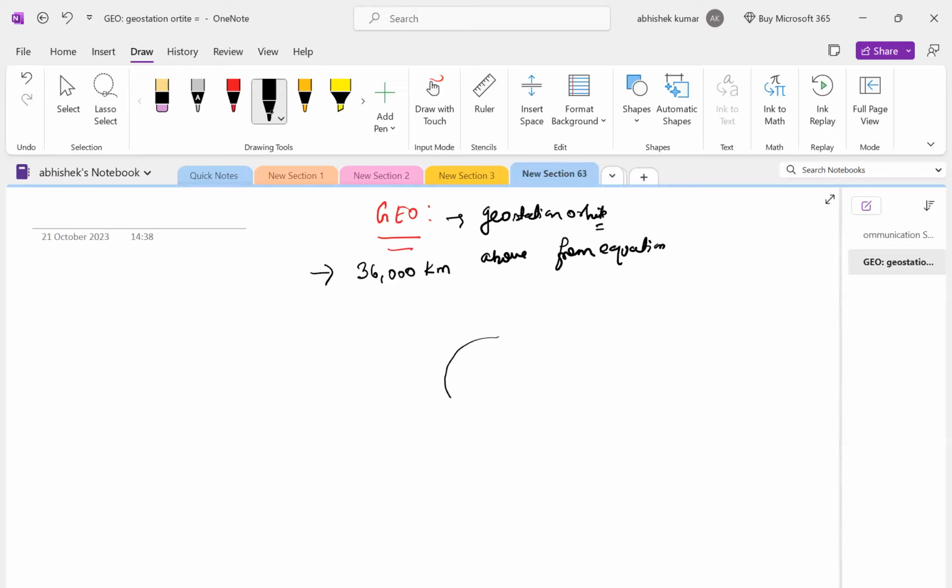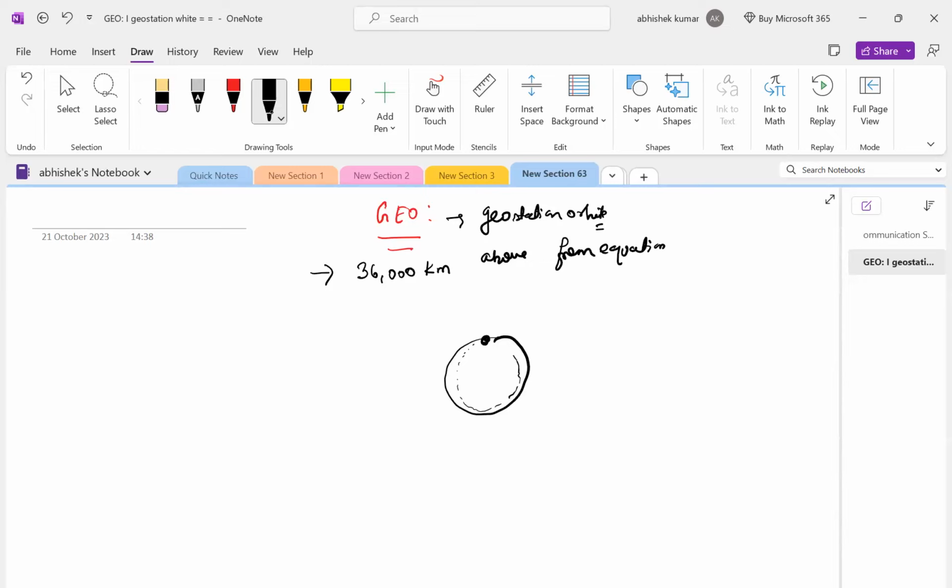Because the Earth is rotating, and this satellite is also rotating with the same speed as the Earth. So the satellite appears to be stationary when we view it from Earth. This is known as geostationary orbit, and satellites are placed at 36,000 kilometers from the Earth.